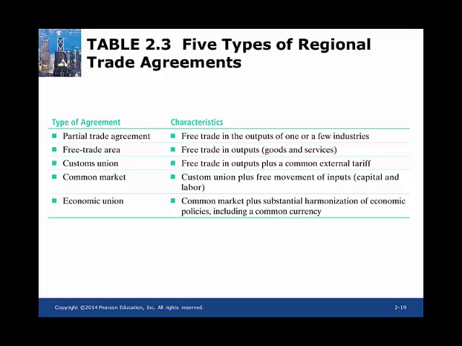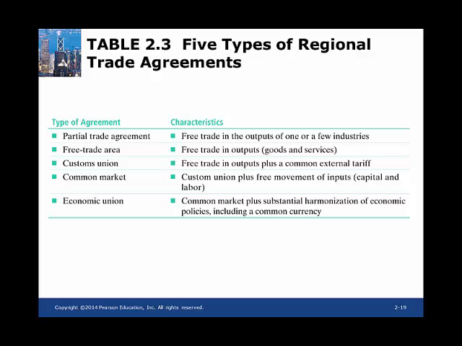There are 5 types of agreements: partial trade agreement, free trade area, customs union, common market, economic union.